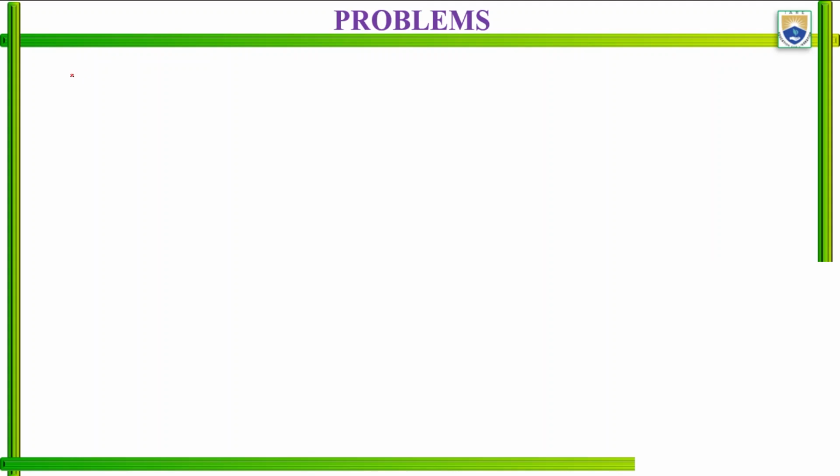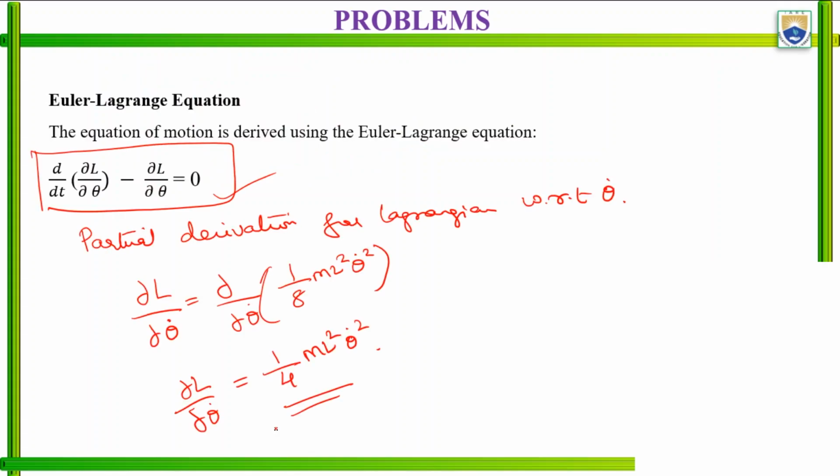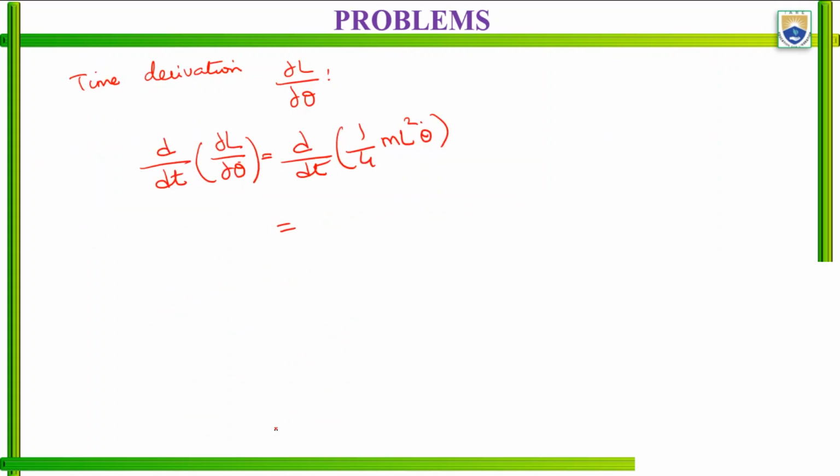Now when we come to the time derivation, we will be writing it as d by dt of dou L by dou theta dot is equal to d by dt of 1 by 4 ml square theta dot.